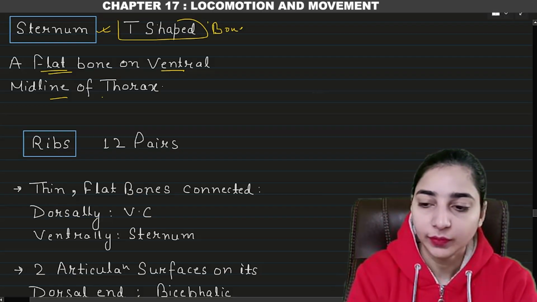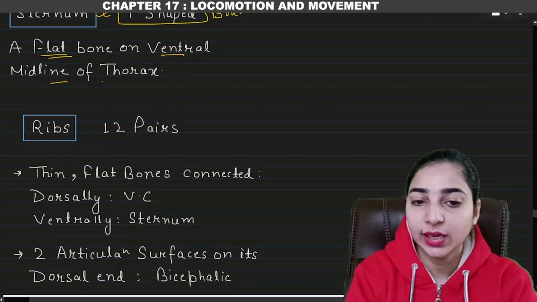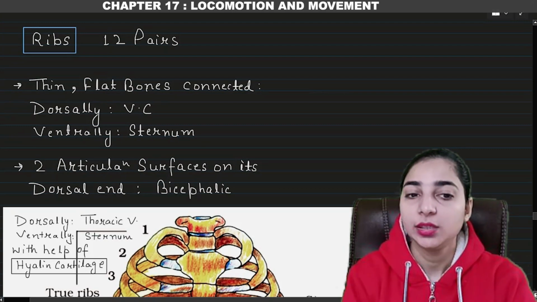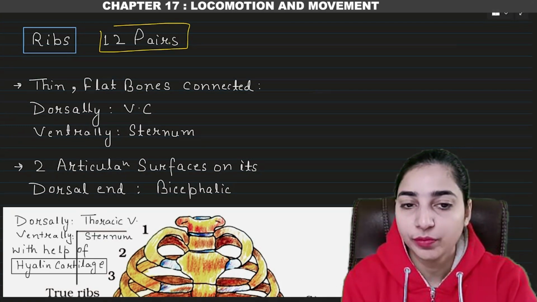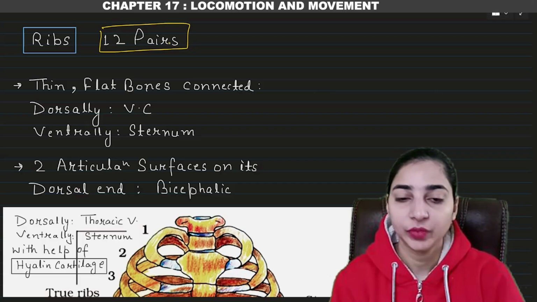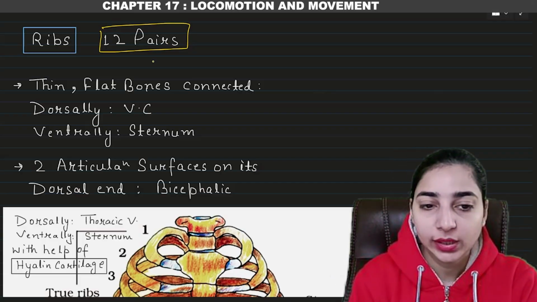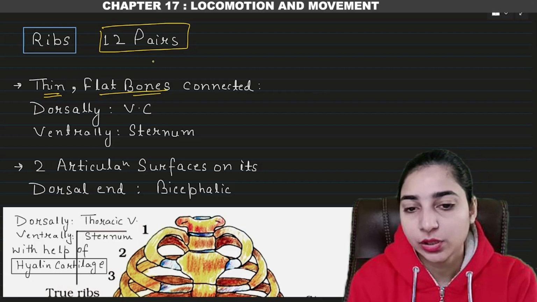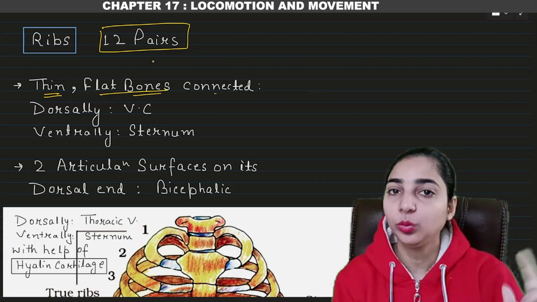And then we come to the last part of the axial skeleton, that is the ribs. There are total 12 pairs of ribs, and these pairs of ribs are present on both the sides of our body. So these are thin, flat bones which are connected dorsally to the vertebral column.